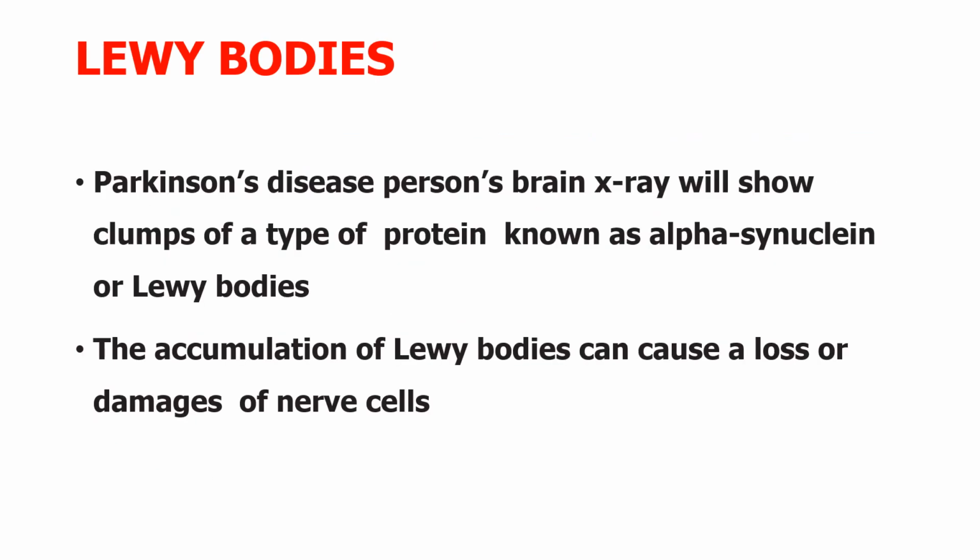Another major thing which we can see in the patient with Parkinsonism is the presence of Lewy bodies. What do Lewy bodies mean? When we check a Parkinson's disease person's brain scan, we can see clumps of a type of protein known as alpha-synuclein, or Lewy bodies. The excess accumulation of these Lewy bodies can cause loss or damage of nerve cells.